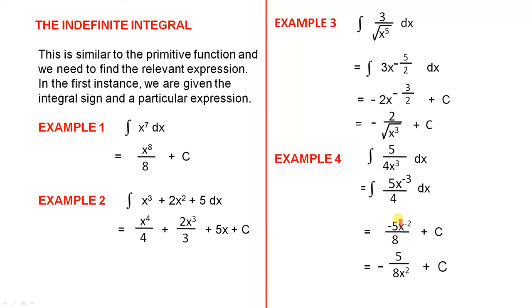And then there's your minus sign, because you had a minus sign, so that's the minus sign there. And basically, minus 5x to the minus 2 over 8 is that expression there. Of course, x to the minus 2 is 1 over x squared. So basically, I'm changing all these to have positive indices. If you differentiate, so always check, if you differentiate that expression there, you will end up with this one.